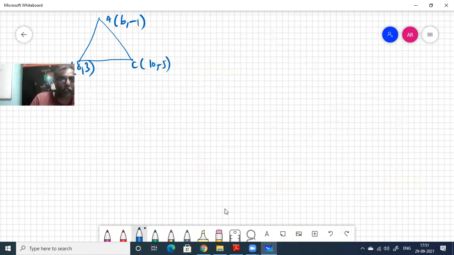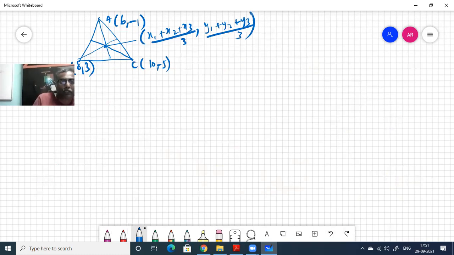This is a triangle. Find the centroid. So this is nothing but (x1 plus x2 plus x3) by 3, comma (y1 plus y2 plus y3) by 3.